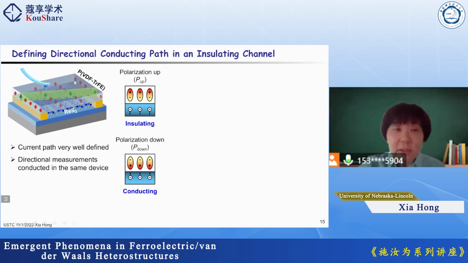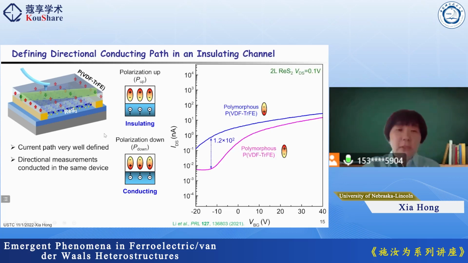So by writing different nanowires with different orientations, we can map out the directional transport. The only challenge of this approach is we need a state where we can actually put the entire channel into the insulating state. But working with polymorphous PVDF, this looks unlikely.